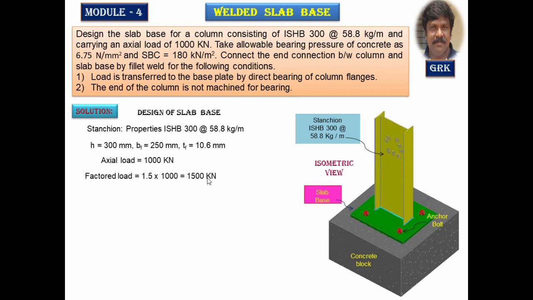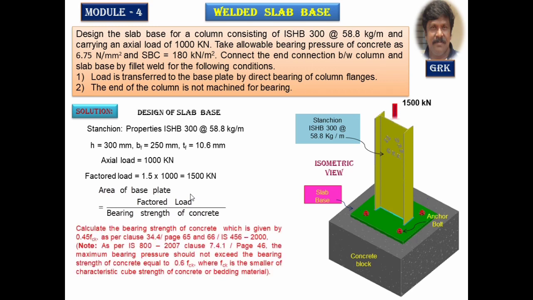The axial load is given as 1000 kilonewton. It has been factored with a 1.5 partial safety factor. We get 1500 kilonewton axial load. There is no moment given in this case. Here, the base plate area can be calculated using the formula factored load divided by bearing strength of the concrete.